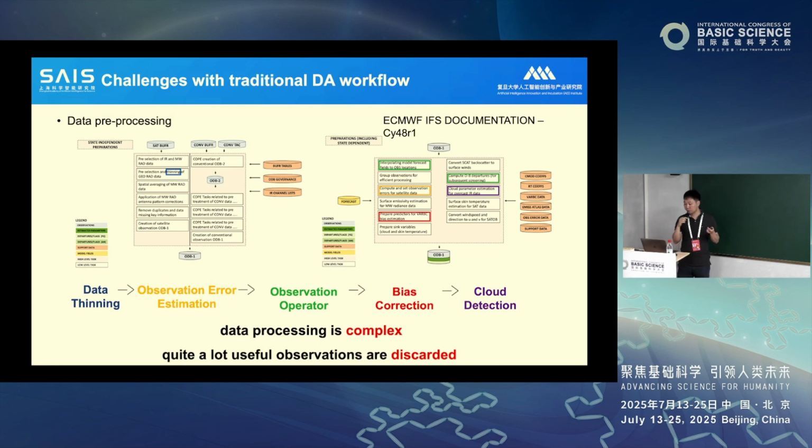So the entire data processing is quite complicated. Only the developing countries lack the human power to do all those jobs. Another disadvantage is that quite a lot of useful observations are discarded in this process. So these are the major challenges with the traditional data assimilation workflow.